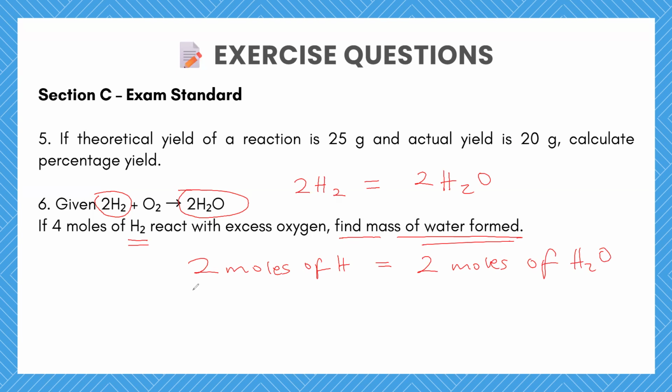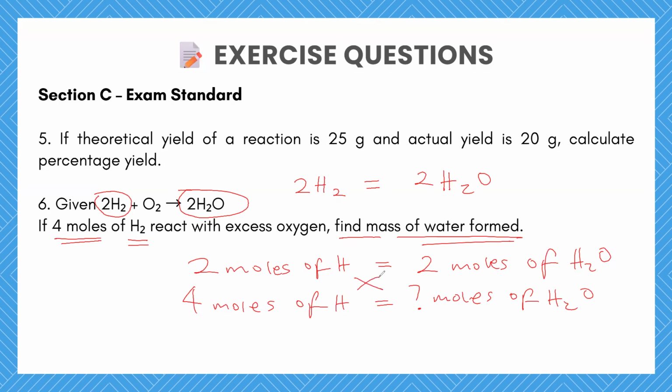Now this question, check it out. It says if 4 moles of hydrogen react with excess oxygen, so therefore 4 moles of hydrogen will produce an unknown number of moles of water, H2O.